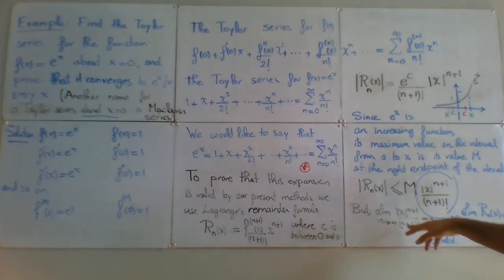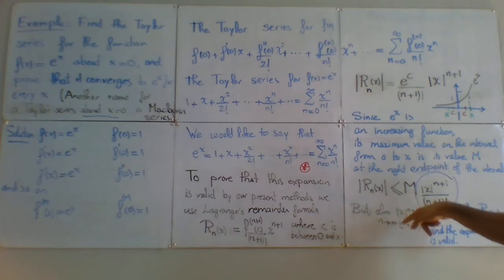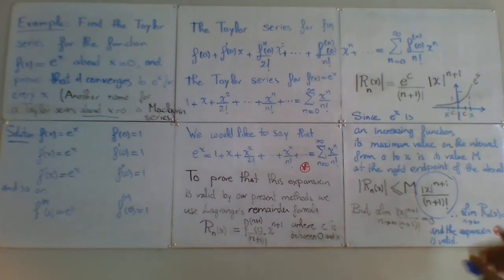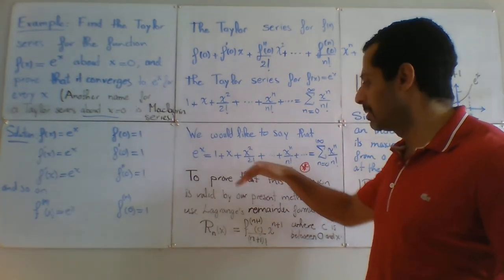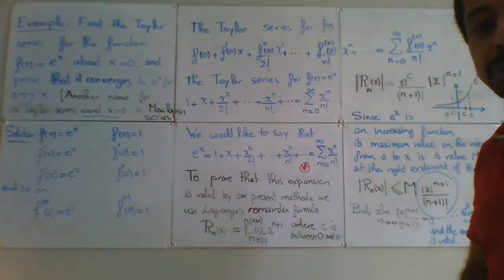If you multiply by M, the limit will still be 0. And from this inequality, we get that R_n(x) will also go to 0 as n goes to infinity. So this shows that our expansion is valid: the Taylor series of e to the x indeed converges to e to the x.